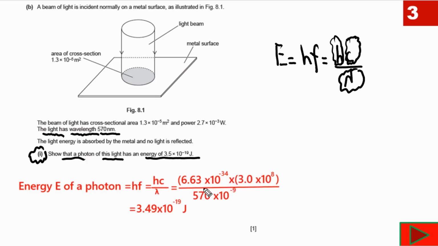If you plug in lambda, the value of wavelength of light, here is the energy of a photon in joules. You have to be a little clear about this one because this is given in nanometers, so we have to convert it into meters. If we convert into meters, our final answer will be in joules.